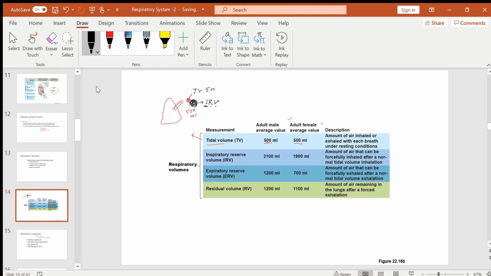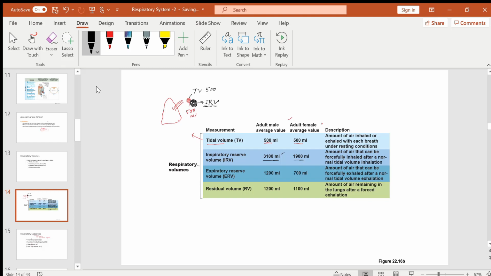And now the extra amount you take forcefully, that is inspiratory reserve volume. This is about 3100 milliliter in adult male and 1900 milliliter in adult female. Why in male is that forceful inspiratory amount more? Because of the strength of the respiratory muscles, okay, and the size of the lung.